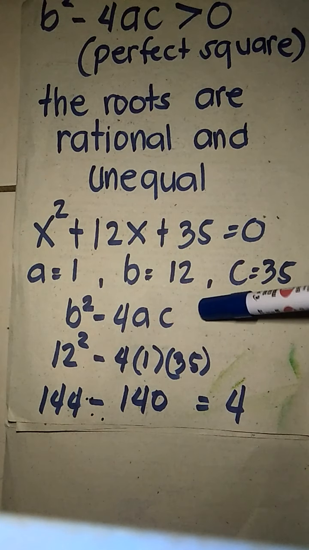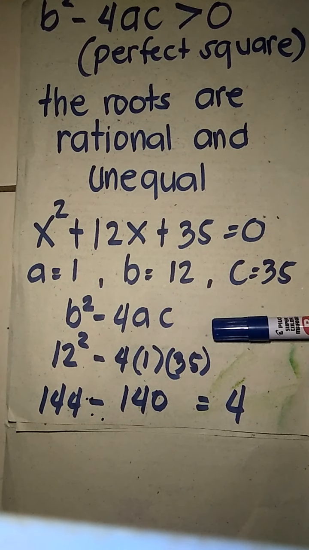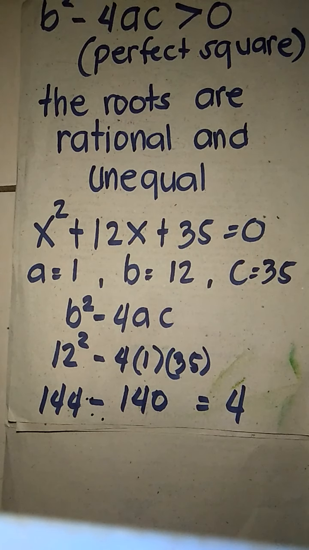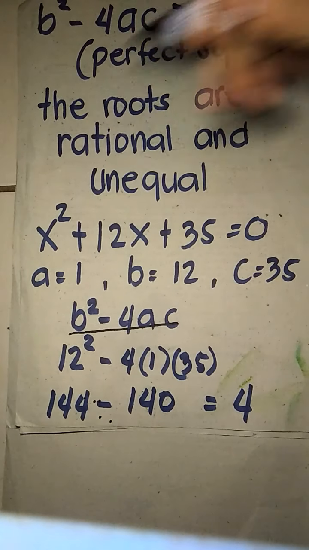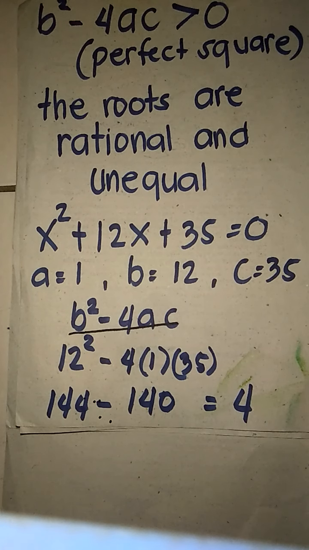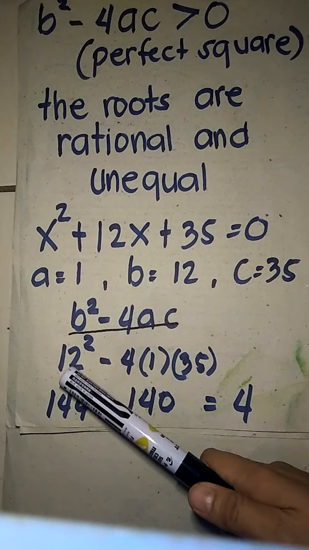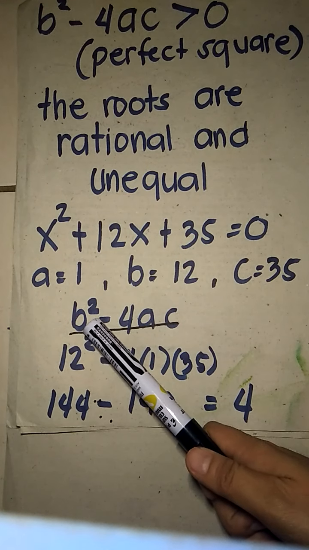From the formula, we have the formula of the discriminant, b squared minus 4ac. Okay, so this is our formula, right? What is b? We have 12, right? Then it is squared, because in the formula it is b squared.